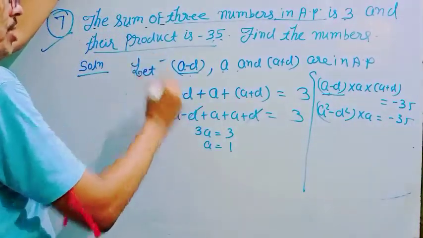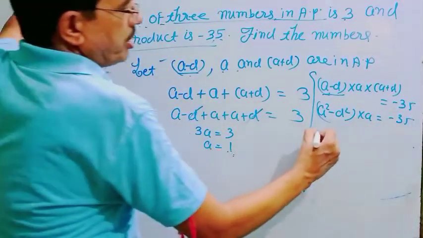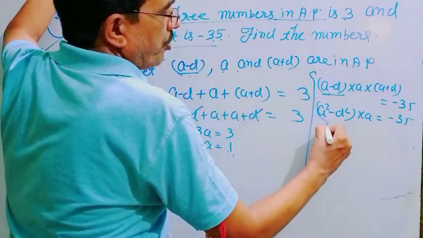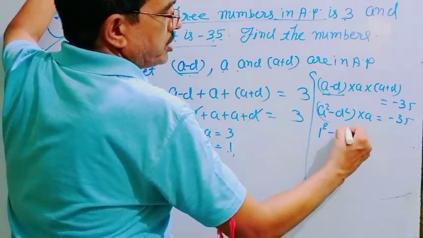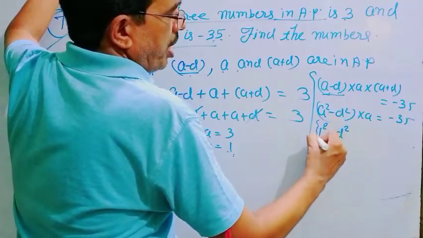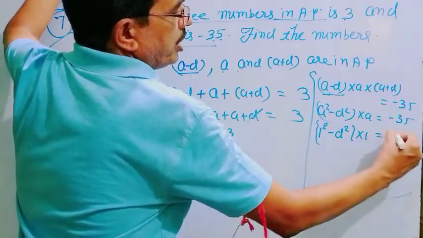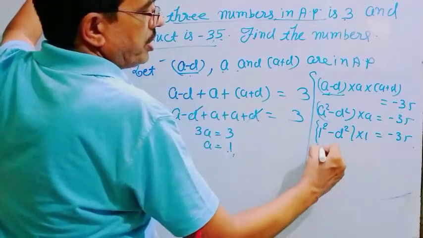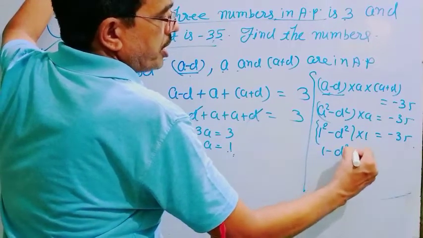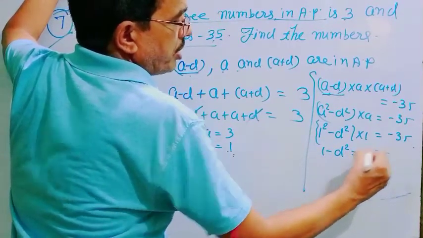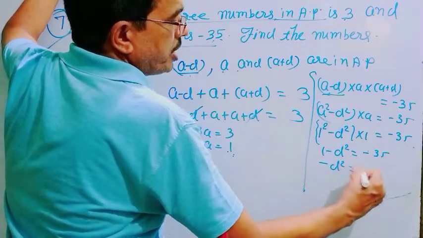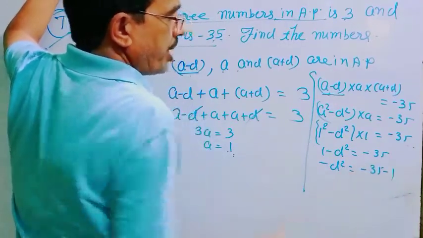Now substitute the value of a. a is 1. So we write here (1² − d²) · 1 = −35. Then 1 − d² = −35.